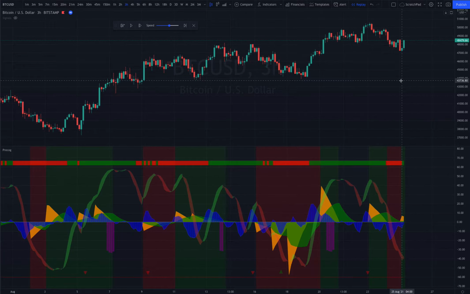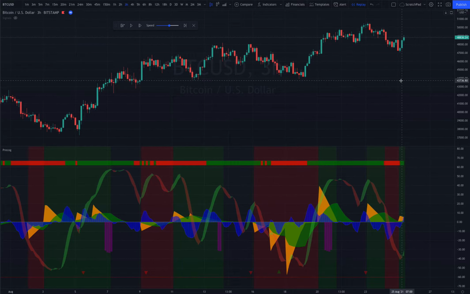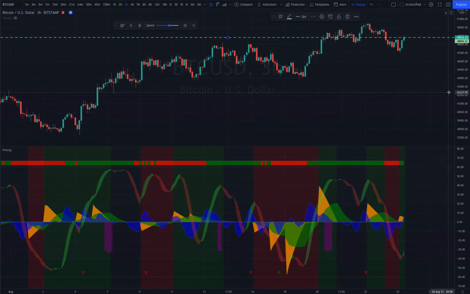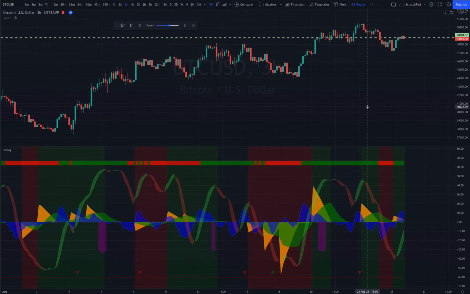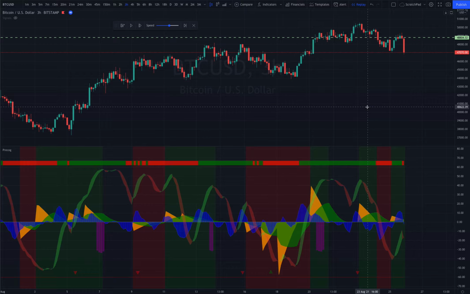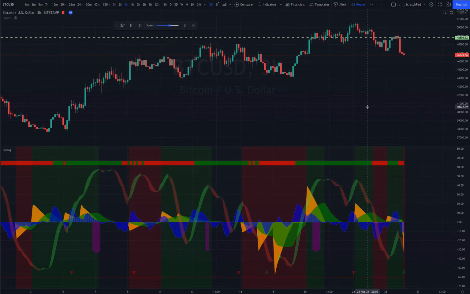Okay, so now we have two signals up, three signals up, and a green. You know what that means. I'm buying again. So we'll start to slide forward. Two down, two up. I can't get out of that yet.